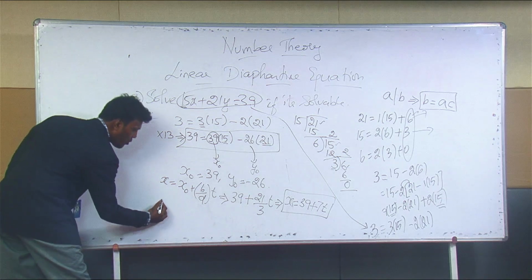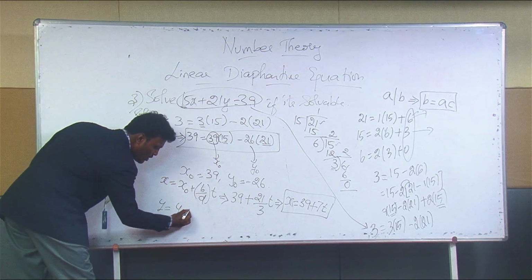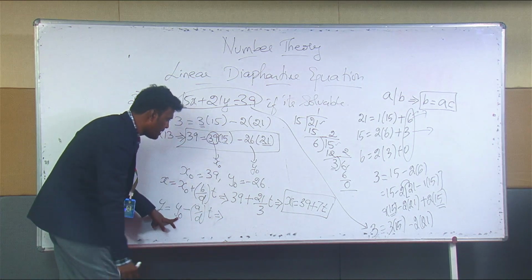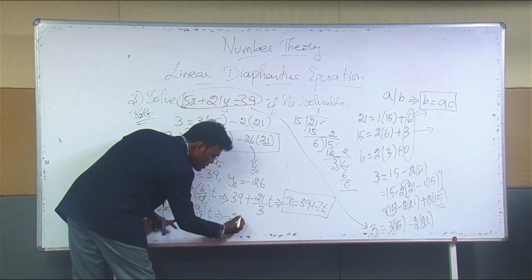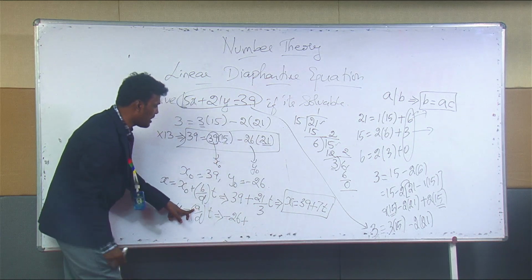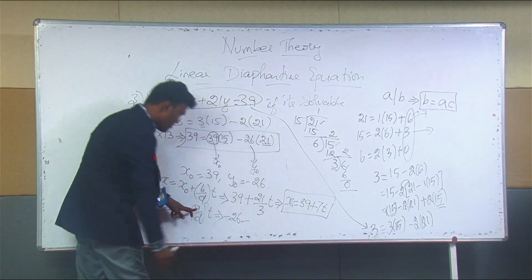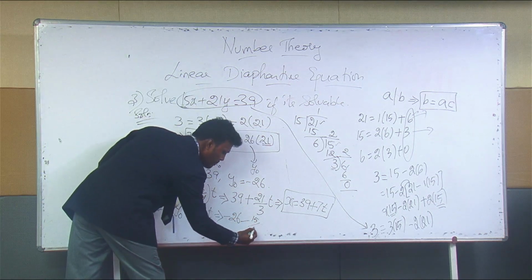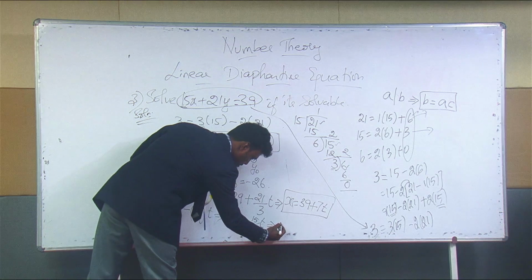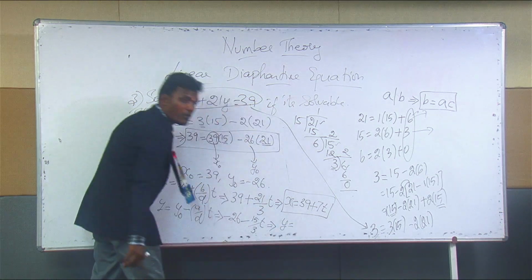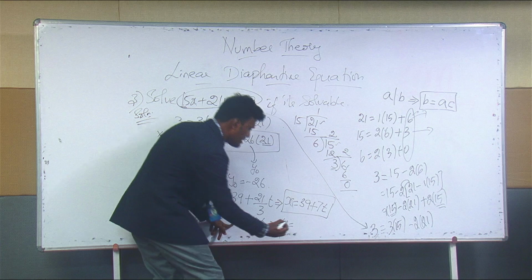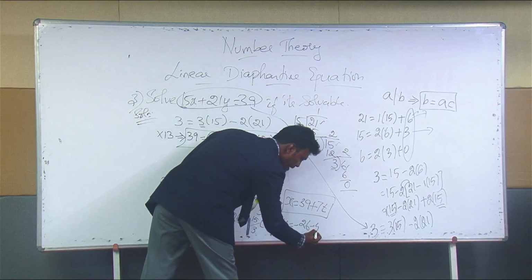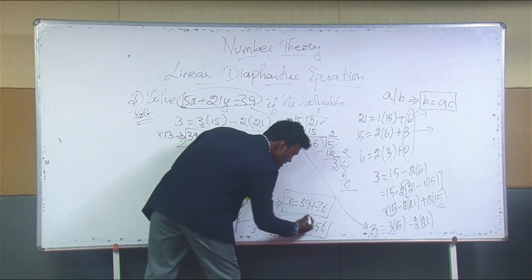And similarly, what is the y formula? It is y naught minus a by d into t. See, the y naught value is minus 26 minus a, which is nothing but the corresponding x coefficient, 15 by 3 into t. So your corresponding y value is minus 26. 15 by 3 is 5, minus 5t. So this is the final answer.